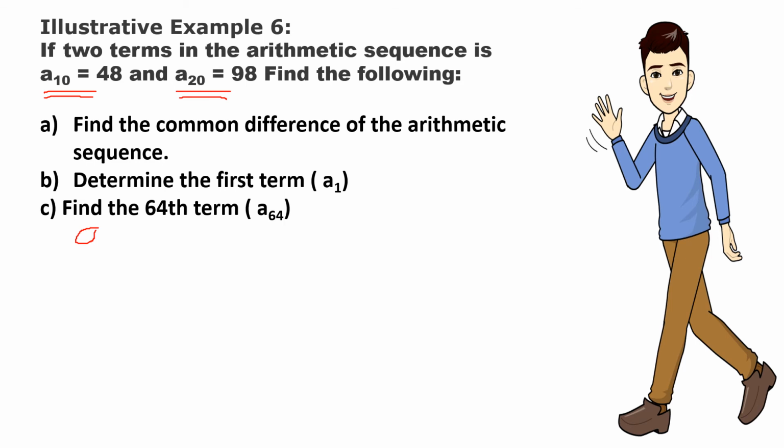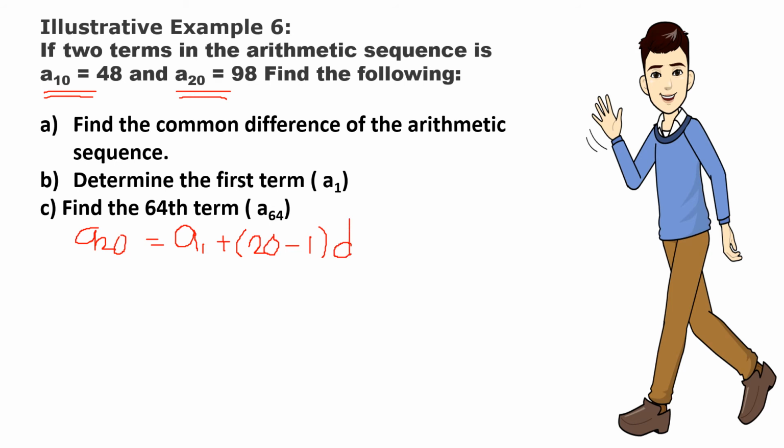So, meron tayong A sub 20 equals, so from our formula, magkakaroon tayo ng A sub 1 plus 20 minus 1 equals the difference. Hindi din natin alam kung ano yung difference.